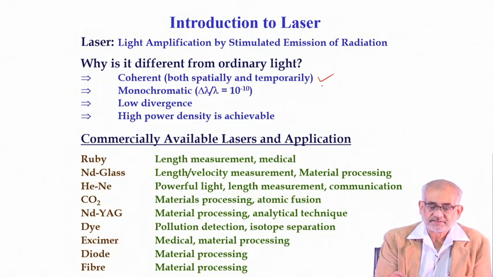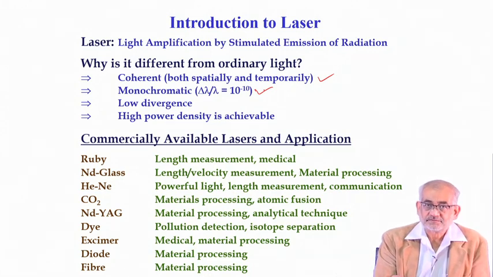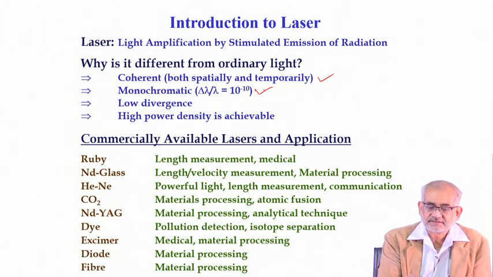Number 2, monochromatic with very little spectral width. For all practical purposes, delta lambda over lambda is less than 10 raised to 10. So essentially we are talking about a single wavelength.